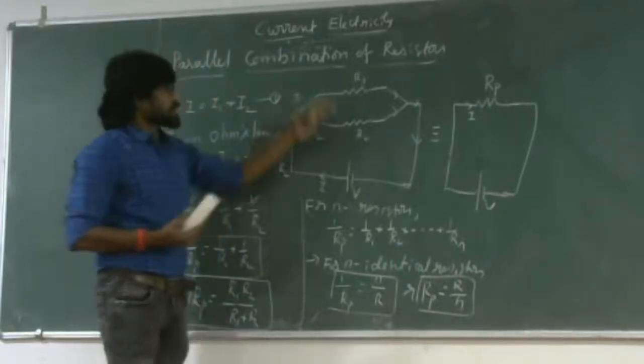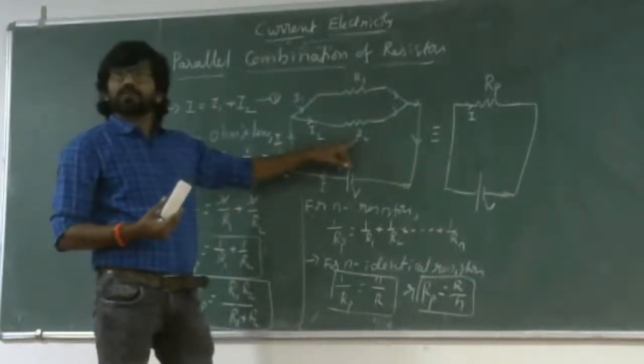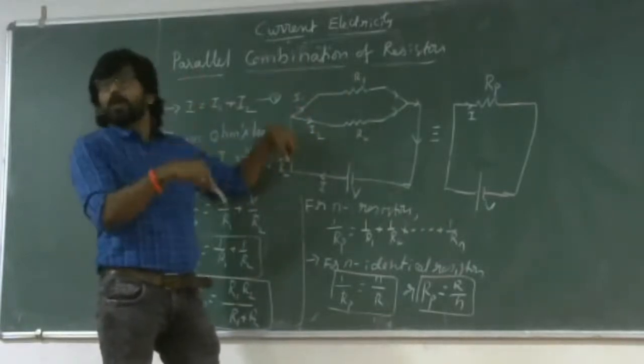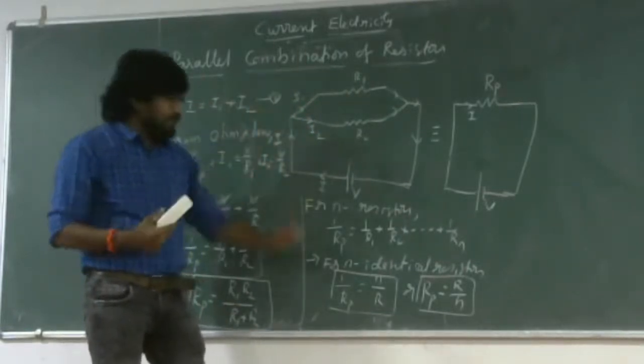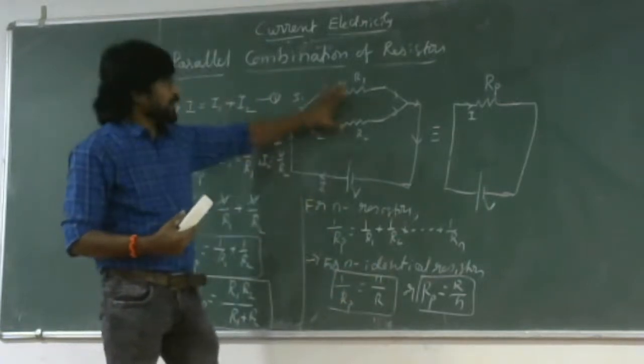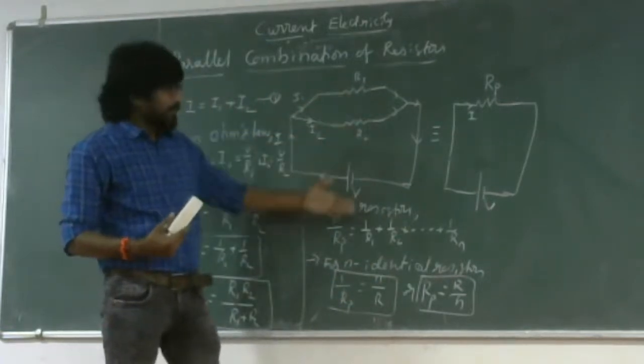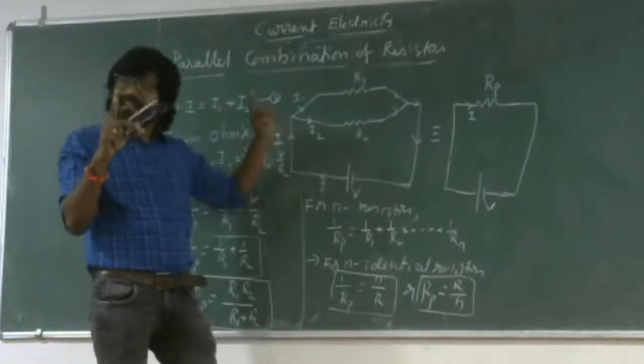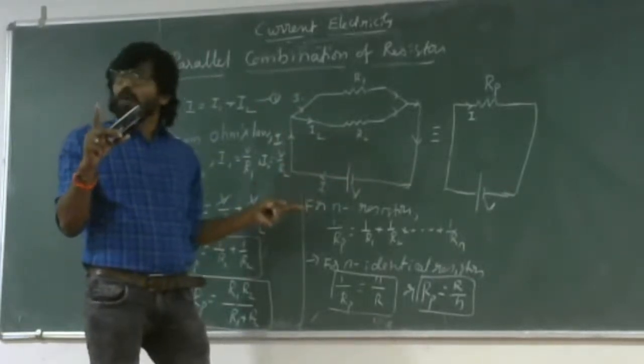If you have two resistors, 2 ohm and 3 ohm, the least one is 2 ohm, so the effective resistance will be less than 2 ohm. If you have 2 ohm and 2 ohm, the effective will be 2 by 2, which is 1, so it is less than 2 ohm. Is it clear?